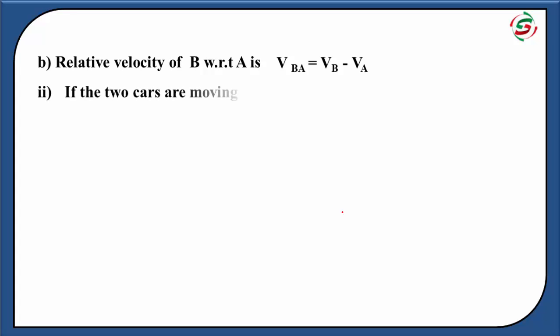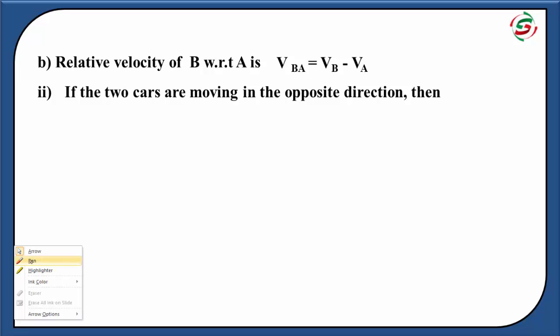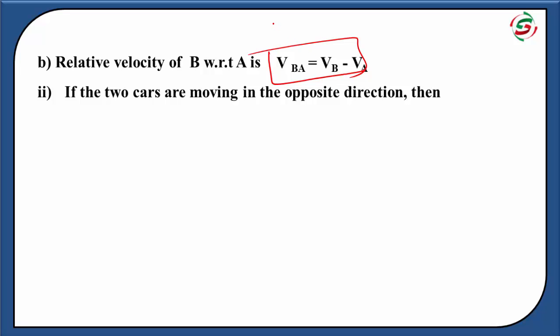VA minus VB is the velocity of car A with respect to B. VB minus VA is the relative velocity of car B with respect to A. Then you can write the equation: VBA is equal to VB minus VA, or the relative velocity of car A with respect to B is VA minus VB.